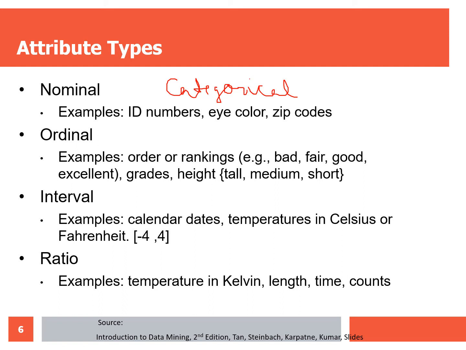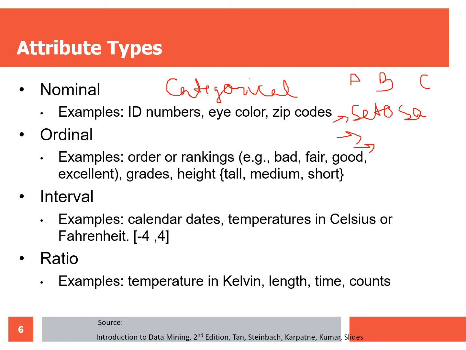The categorical attribute could have values or classes as A, B and C. Or, for example, you have a very popular data set known as the iris data set for the iris flower. There is a category called setosa. So the flower is defined into various categories.